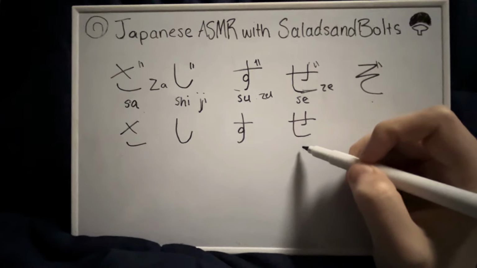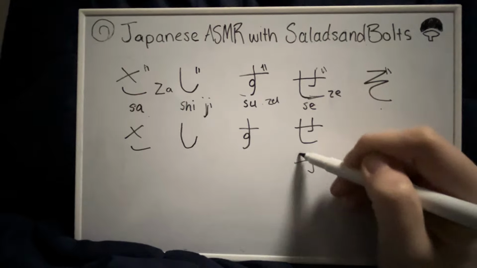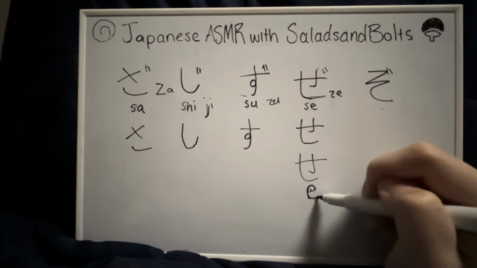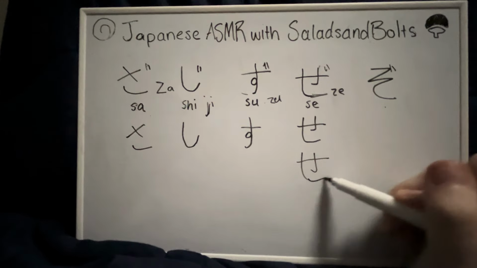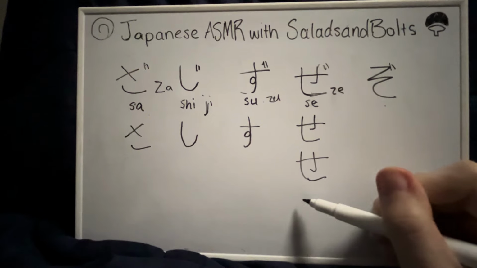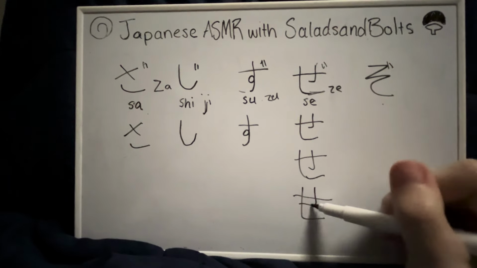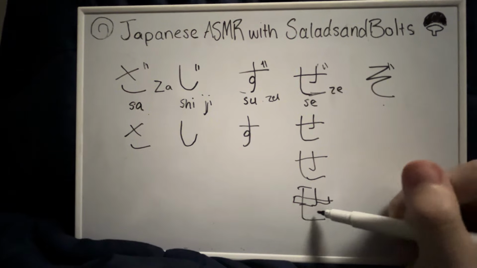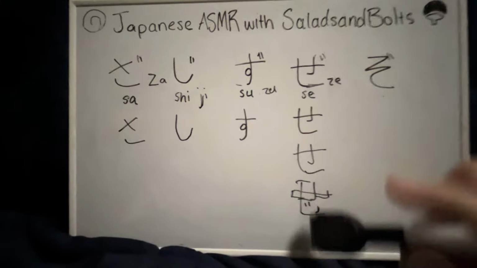The way I remember this one is it looks a little bit like the letter E if you think about it, kind of, because it's got this curvy structure, I guess, maybe. Se. It's also kind of like a hat, like a little gentlemanly top hat, I don't know. And he's got a big mouth.